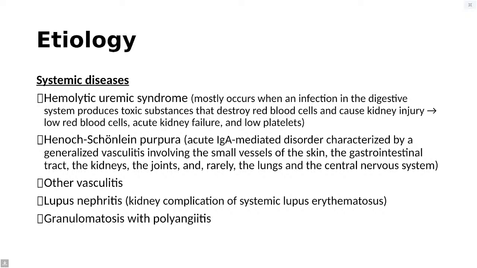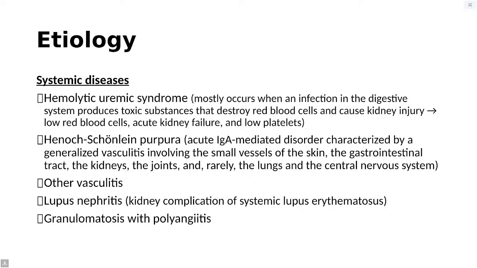The second disorder is Henoch-Schönlein purpura. This is an acute IgA-mediated disorder characterized by a generalized vasculitis involving the small vessels of the skin, the gastrointestinal tract, the kidneys, the joints, and rarely the lungs and the central nervous system.